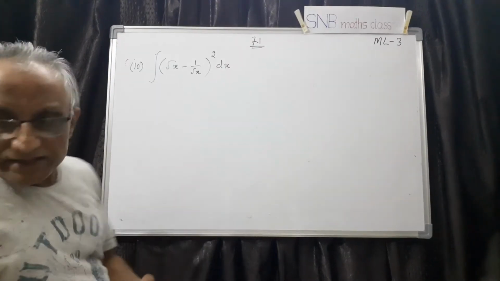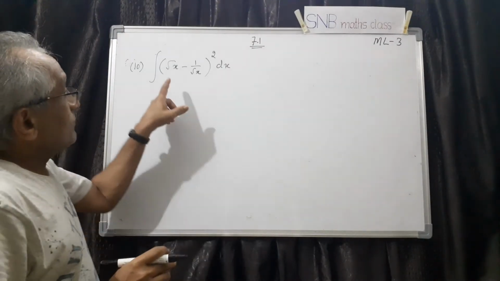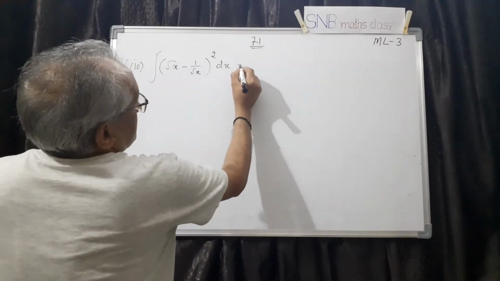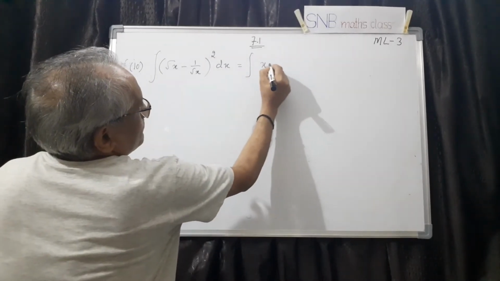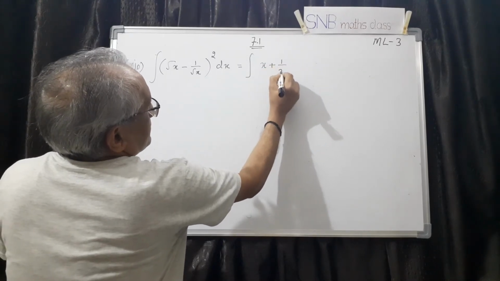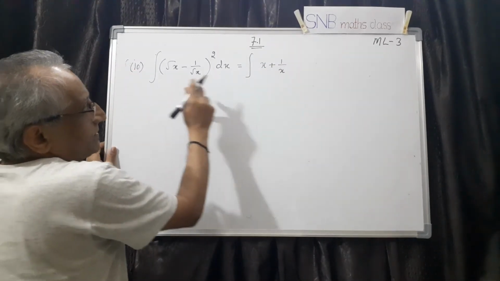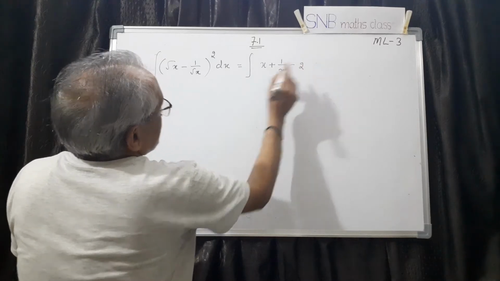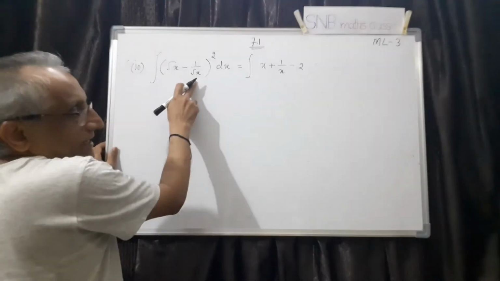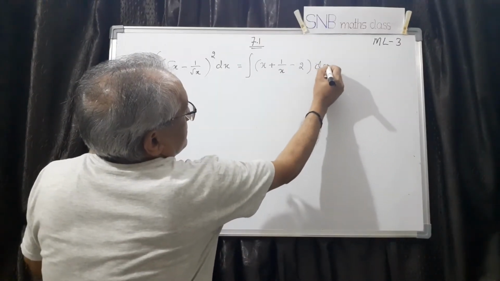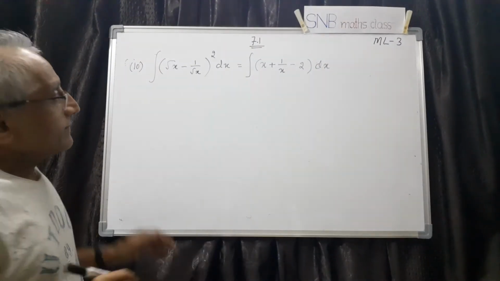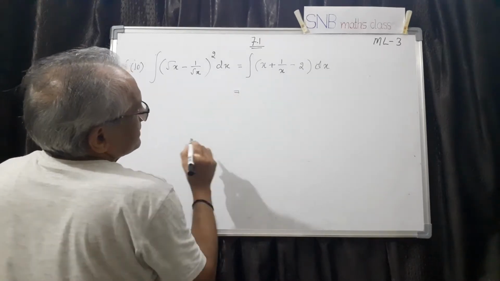Of course, I have done a similar question. Here what you have to do is, first you have to square the bracket. Root x square is x, plus 1 by root x whole square is 1 by x, minus 2, because 2 into root x cancels. So what we have to integrate is this.